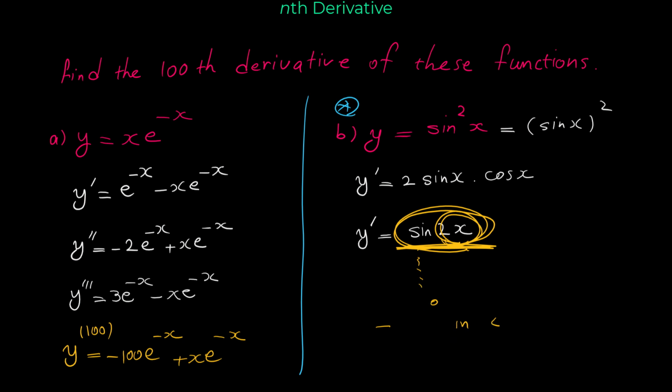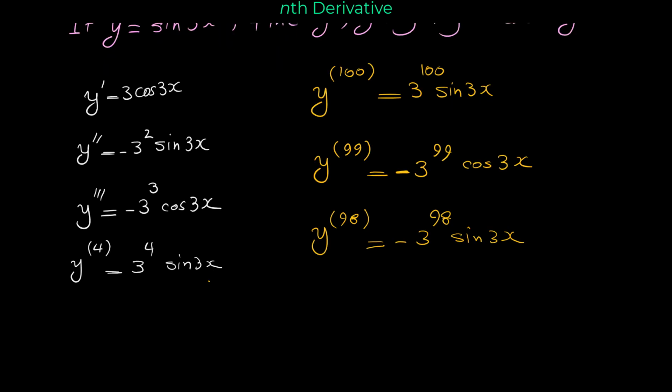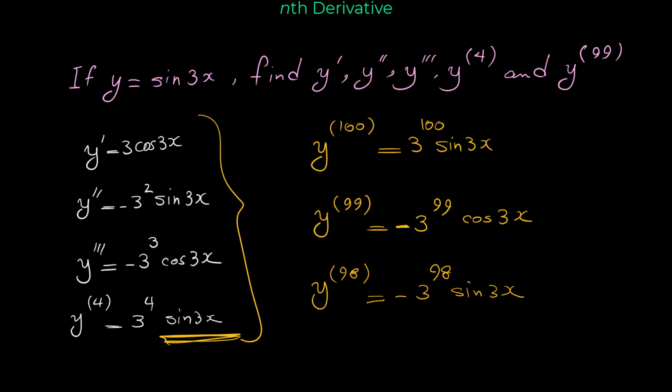So if you remember from the question I showed you earlier, after 4 times we got the original function. So after 99 times, we have to move one step back. The derivative is cosine with a negative.